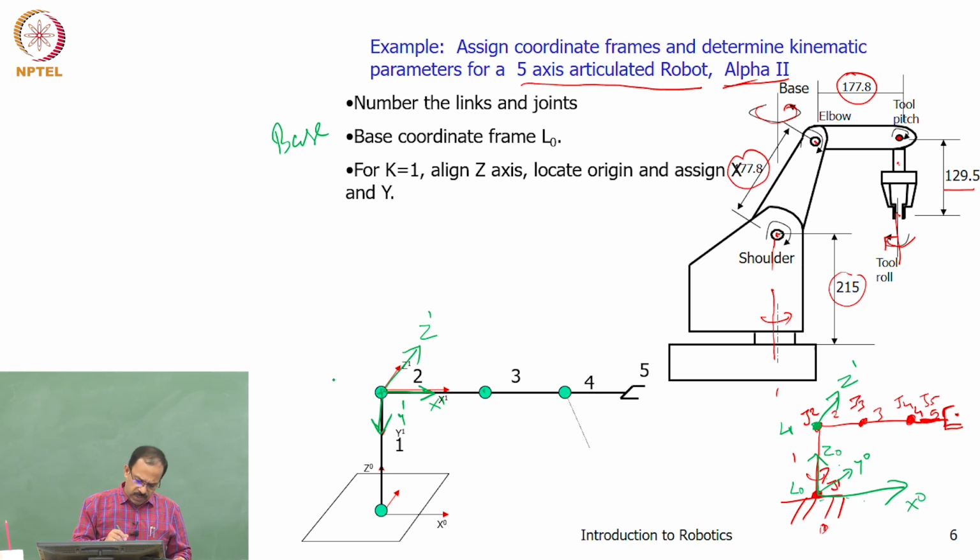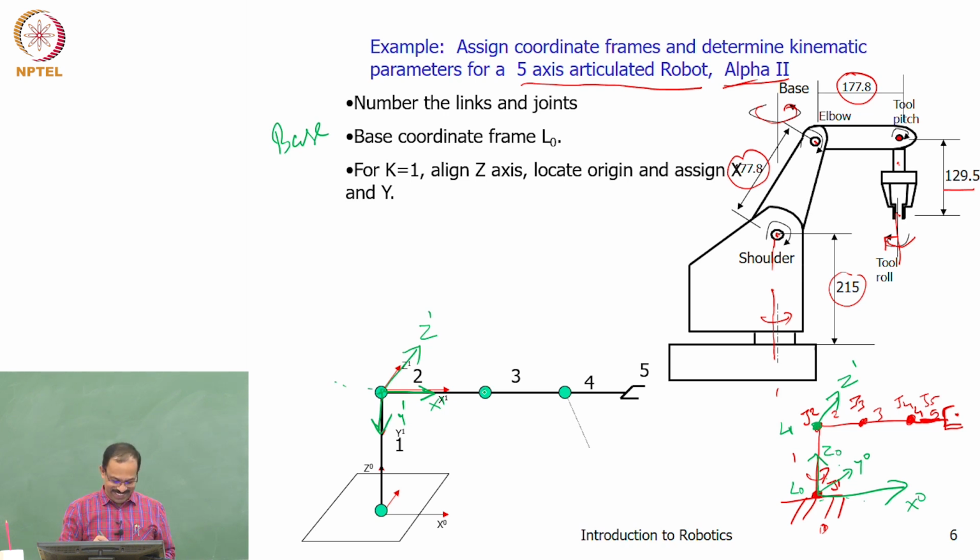You can actually assume it in this direction also. That rule is only when they are not parallel. If they are parallel, it should be away from that one, away from x0, I mean z0. Your question is whether this x can actually go in the other direction? No. Oh, okay. We are coming to that.